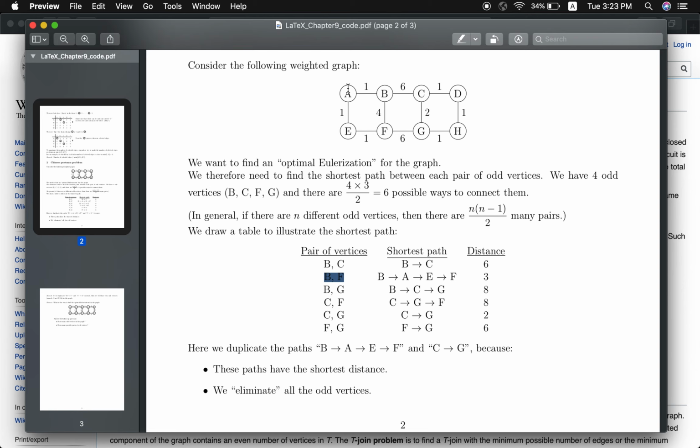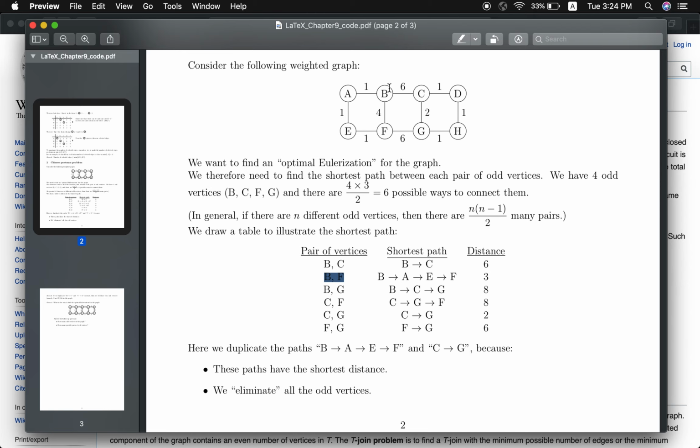Now what is the degree for the vertex B? Now the degree of vertex B becomes 5. Originally it's odd, because the degree is 3, but after the duplication it becomes 5. So you're not making it even, you just add 2.